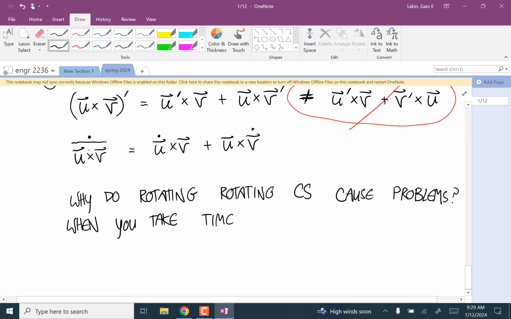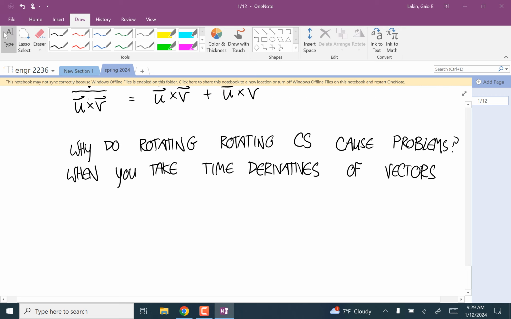When you take time derivatives of vectors, that's when things go haywire. And I'm going to show you why, okay? So say that you have a vector, let's say you have this vector u. It's just any old vector. It's not a velocity or a position or anything necessarily, but it could be. And let's say that it's a function of time.